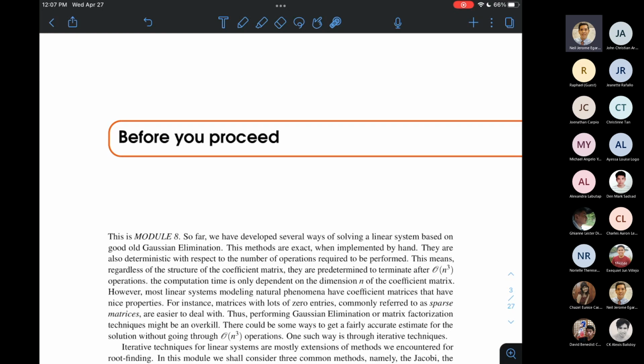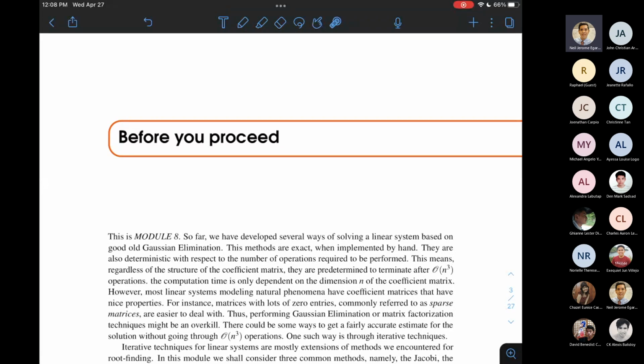And if you have a matrix with lots of zeros, for instance, may mga methods na hindi mo kailangan mag-perform ng big O of n cubed number of operations, which will be required kung gagamitin natin yung Gaussian elimination o yung mga LU factorization schemes, right? Kasi nga, by hook or by crook, kailangan nating i-perform lahat ng operations na yan para makakome up ng exact or nearly exact solution.